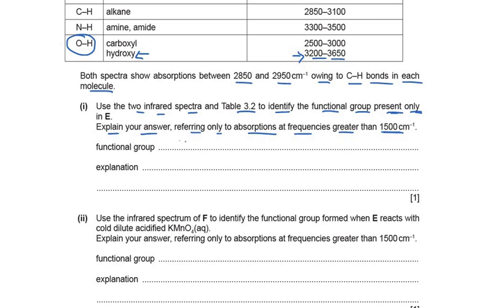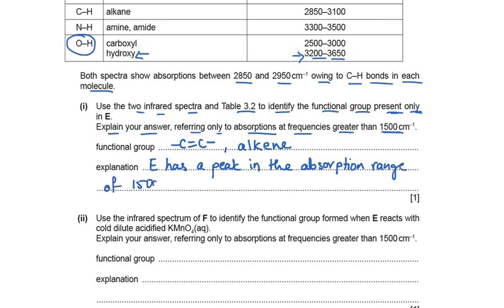As we have identified, in E we have one C double bond C functional group, or you can say there is an alkene functional group, and the explanation you will write here is that E has an absorption, or you can say E has a peak, in the absorption range of 1500 to, what was the range? It was 1680 per centimeter. That was the range of the alkene functional group.